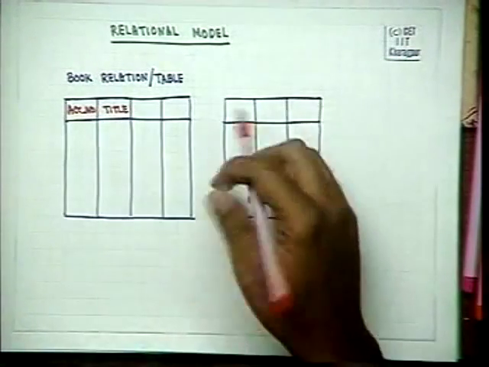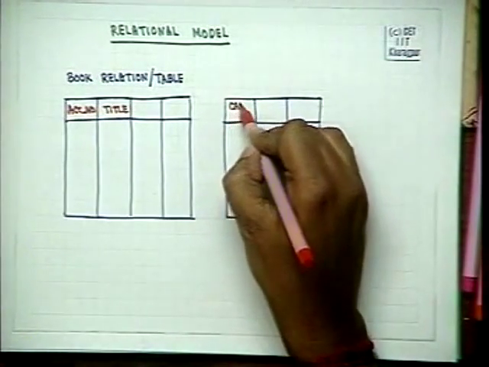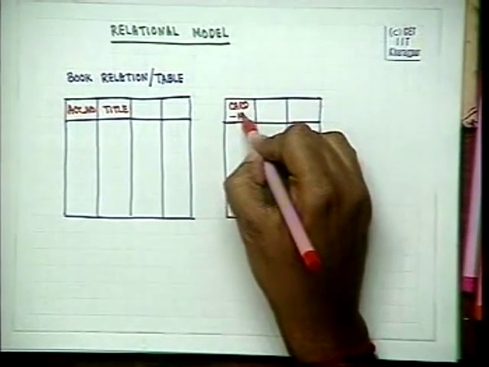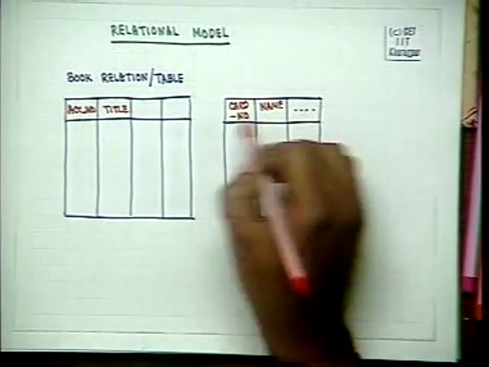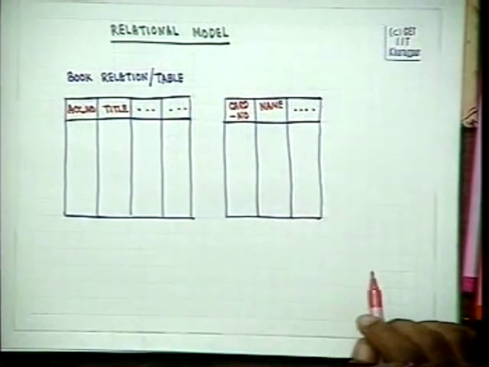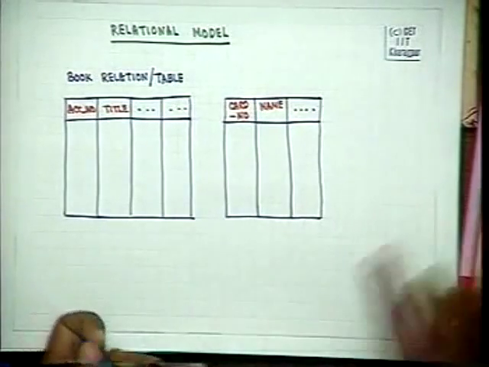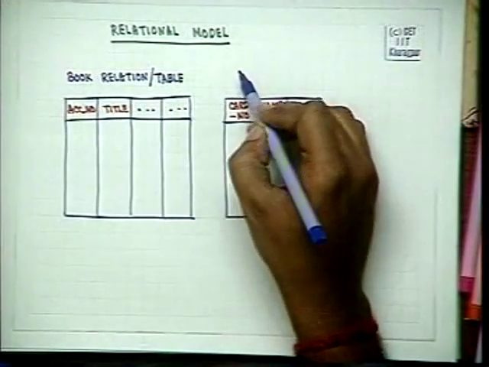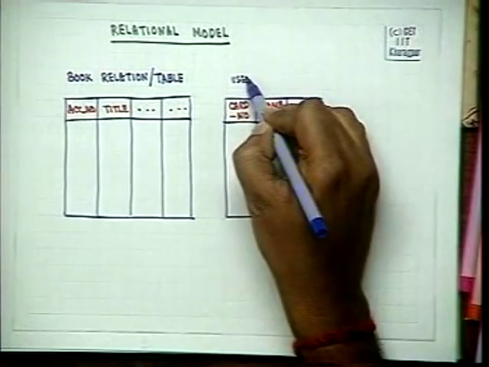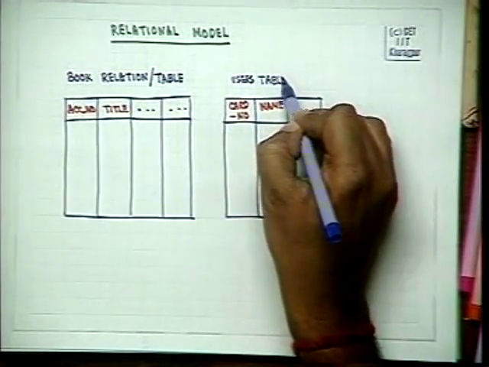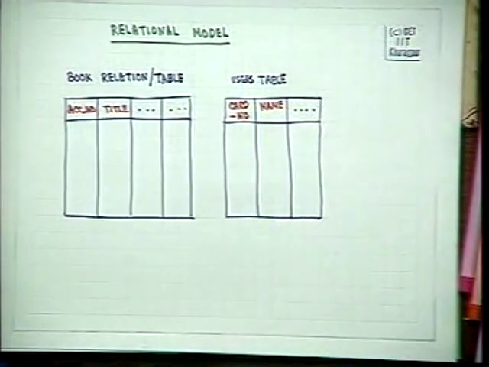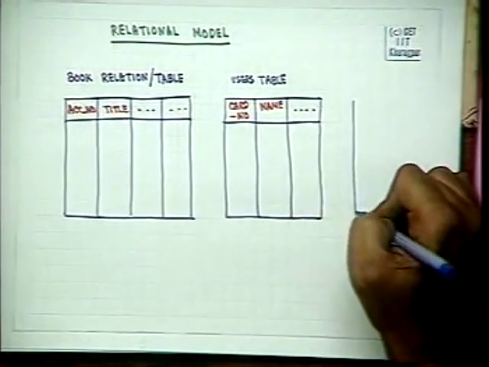Here it will be card number, name, etc. So, this is the user table, users table. And finally, we will have the borrowed by table.